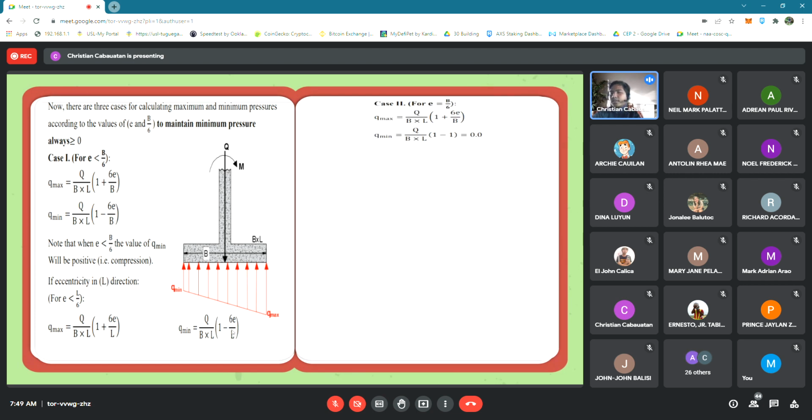And for case 2, if the eccentricity is equal to 1/6 of our width, okay? The Q maximum would be the same as the Q maximum of case 1, but our Q minimum, wala nga po siya. Okay? It would be 0. Okay?